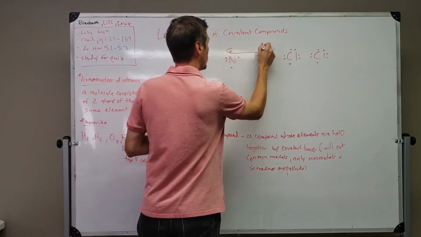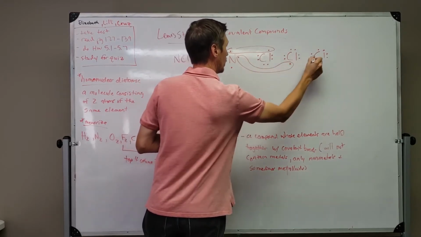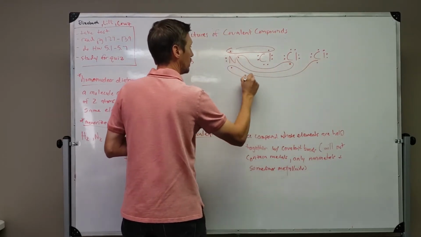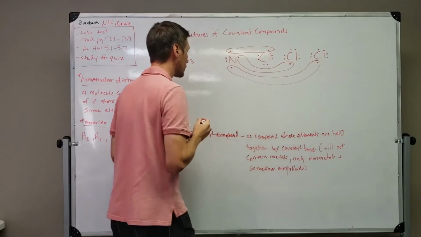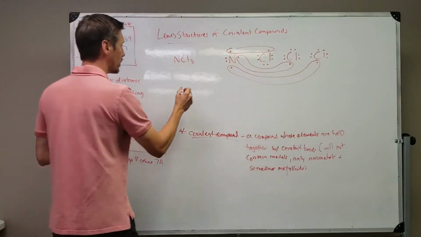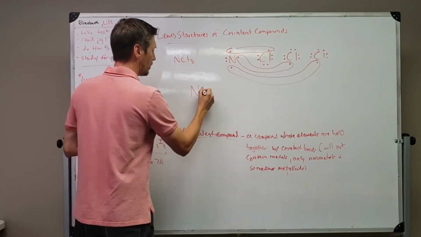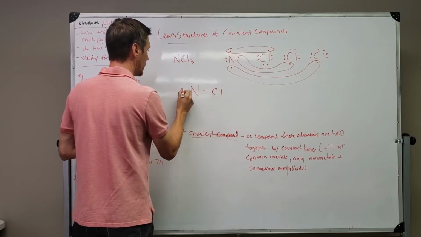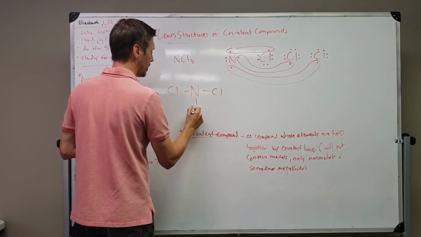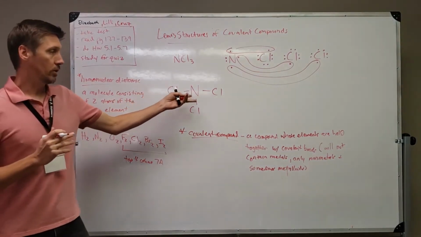So the sharing is going to be these two, these two, and these two, right? And so we've got 3 pairs of shared electrons, so we're going to draw the N in the middle. We know we've got a shared pair between one Cl, a shared pair between another Cl, and a shared pair between another Cl. So we've got that portion of the Lewis structure written.